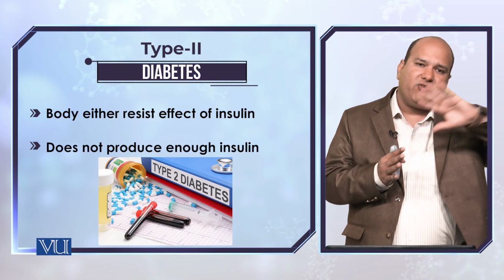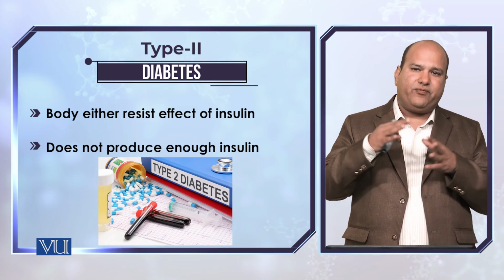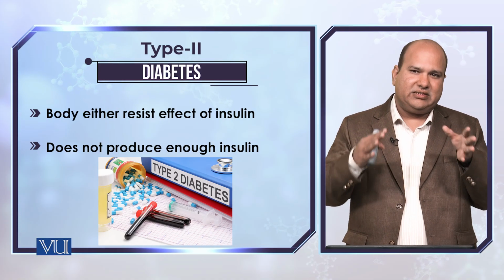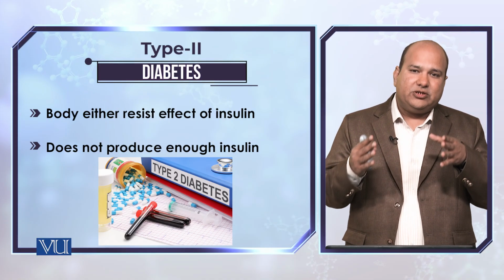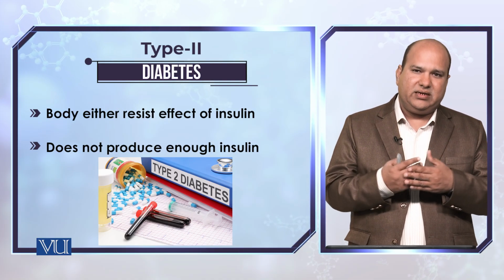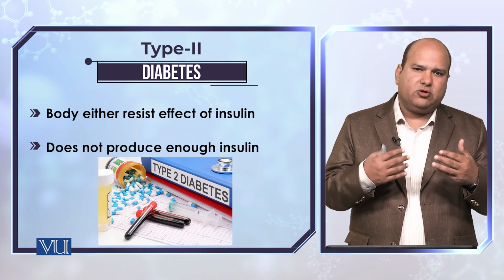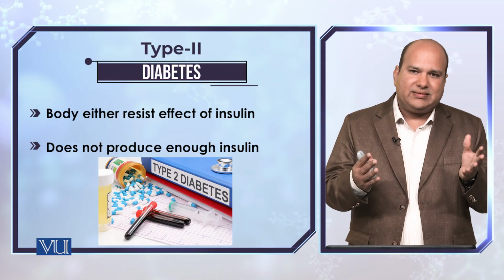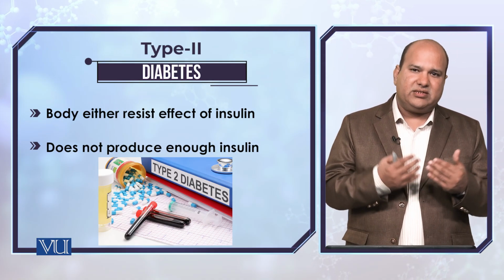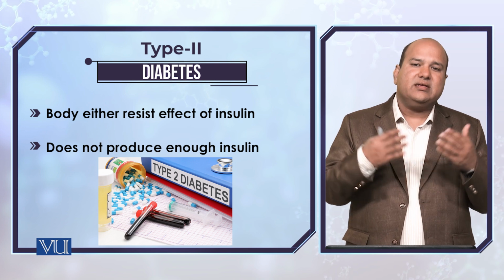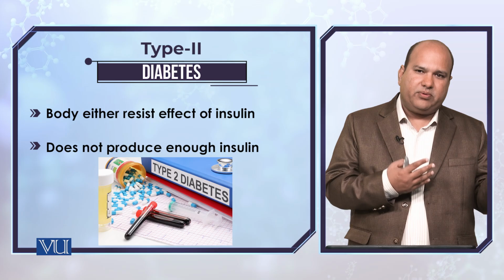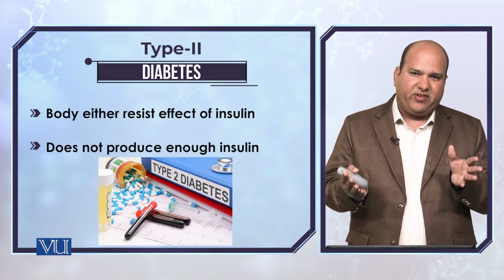This is in quite contrast to type 1 diabetes. What happens in type 1 diabetes is that your cells are not producing insulin, either because of an autoimmune attack or whatever reason. And because there is not enough insulin, of course the glucose is not available for the production of energy in type 1 diabetes.